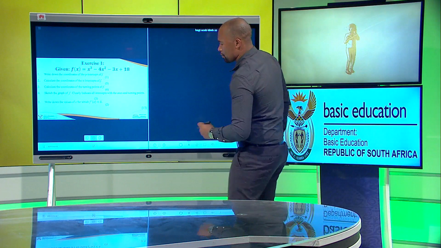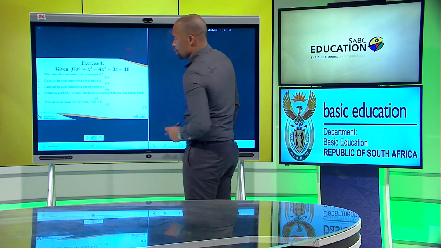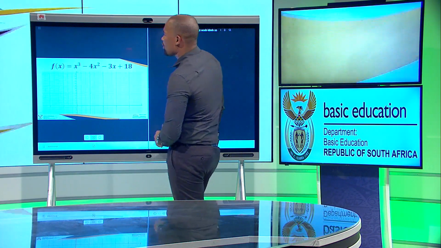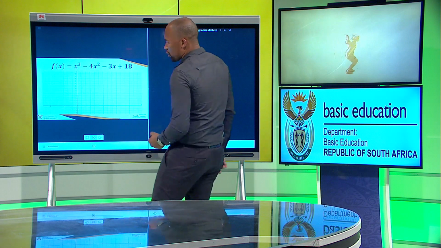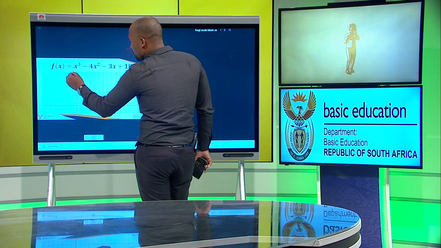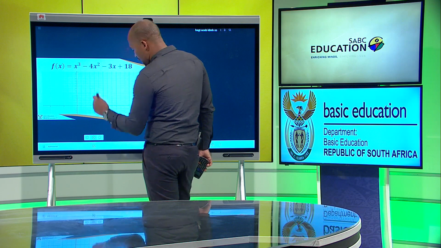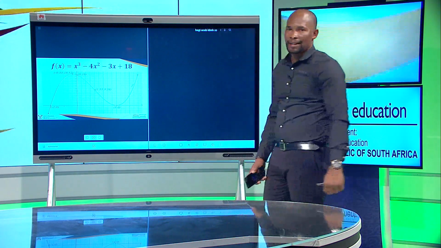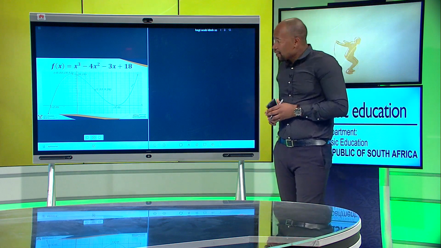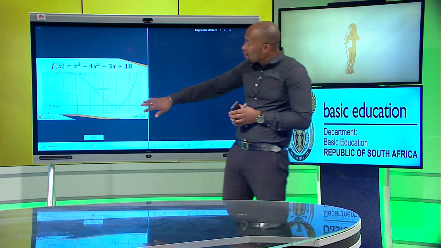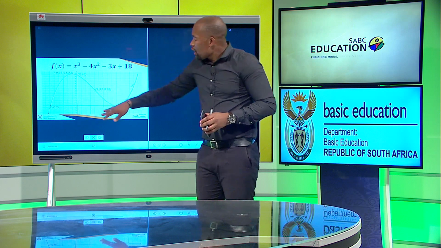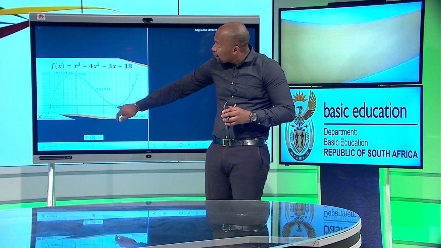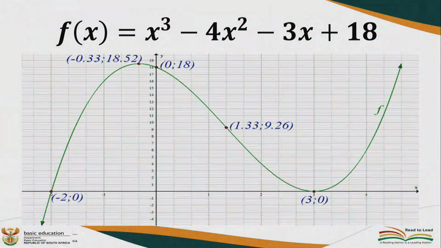Sketch the graph now. Can I use this x-axis? You will allow me, if I was having time, to plot all those turning points and x-intercepts, allow me to give it to you like this. Where you see all those x-intercepts, you agree with me that since we're having two equal x-intercepts, that's where our turning point is.